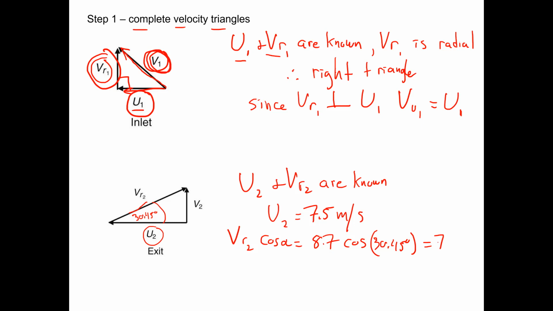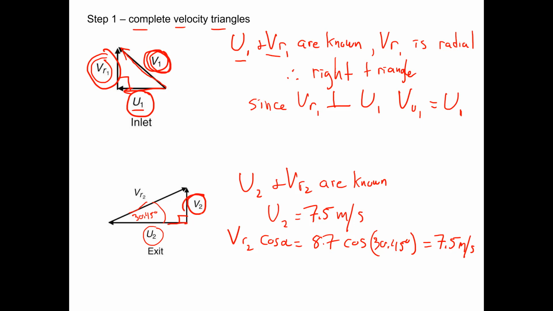I compute that, and that actually also equals 7.5 meters per second. So that tells me that the absolute velocity of the fluid is perpendicular to the tangential velocity of the rotor.